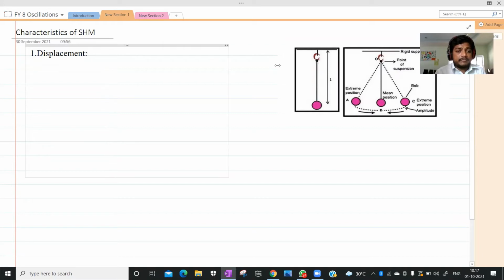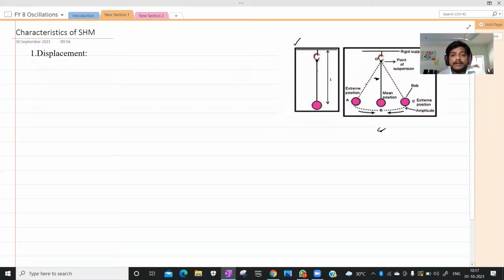Tell me, what is displacement? Is it velocity by time? No, it is velocity into time, not by time. Displacement is the shortest distance traveled by the object from the initial position to the final position. This is the diagram; actually, this is the initial simple pendulum.